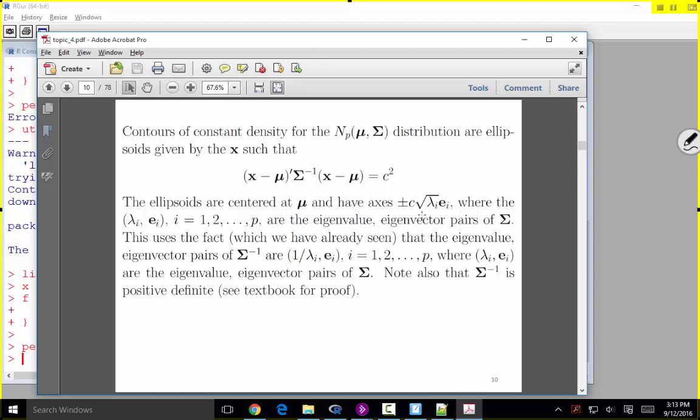The axes of orientation are the eigenvectors of capital sigma, and the half lengths are functions of the eigenvalues of capital sigma. So this is actually nothing new. It's what was in topic 2. It's a region where constant distance, statistical distance from mu. And it is completely determined in terms of eigenvalues and eigenvectors of capital sigma.